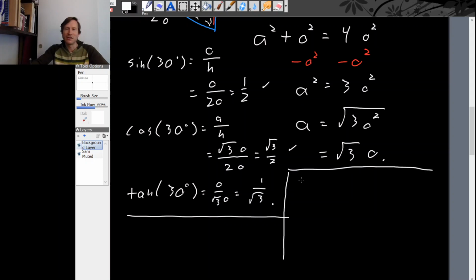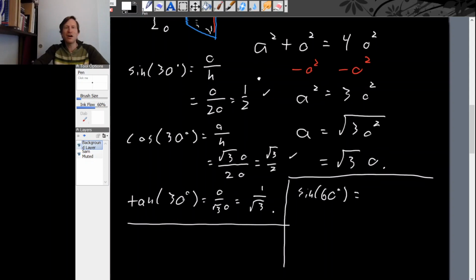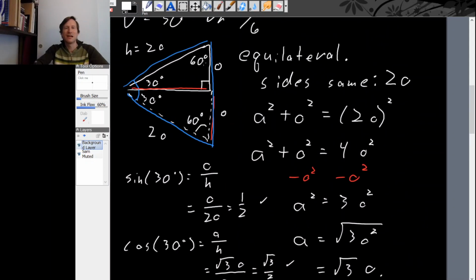So what about sine of 60 degrees? Well, if you look up at this diagram, sine should be opposite over hypotenuse, but remember, opposite means opposite the angle you're talking about.